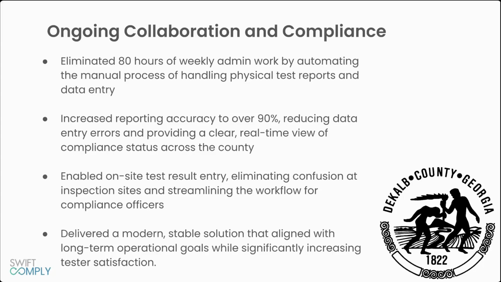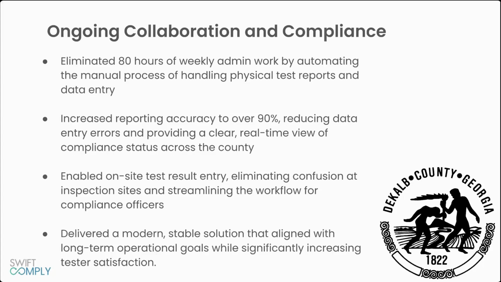Everybody runs their program a little bit differently, but the way DeKalb was doing it was literally getting paper copies of test reports, taking that information, entering it into their system, and then doing a scan and attaching that test report. Now they just accept a digital copy of that test report directly. They can ask that tester to take a photo of the assembly or of a physical copy if they're filling that out.